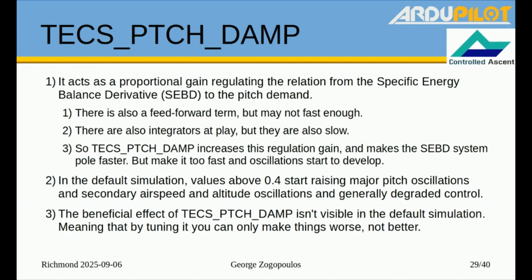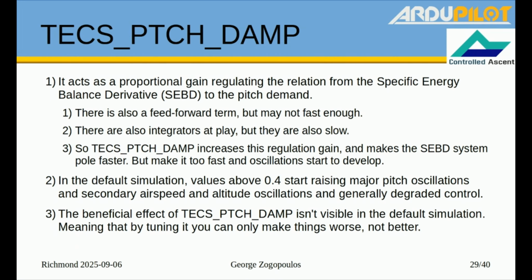There's a feed-forward term, which is usually not fast enough. There are some integrators, but they are also slow, like pitch integral gain, as we said before. So TECS pitch damp can help you increase the dynamics of your pitch and get you a more tight exchange of energy between airspeed and altitude.